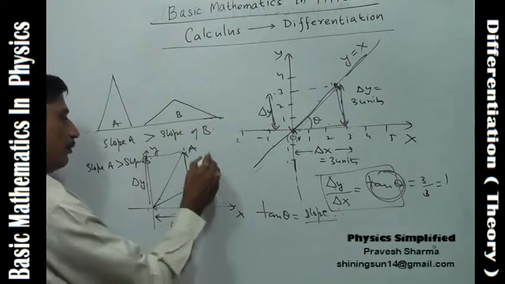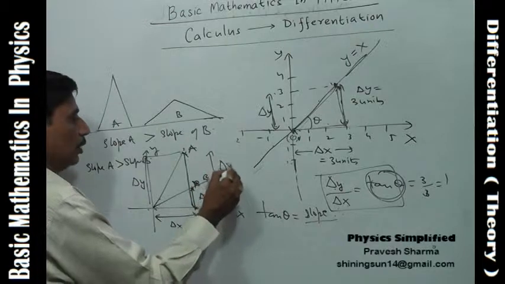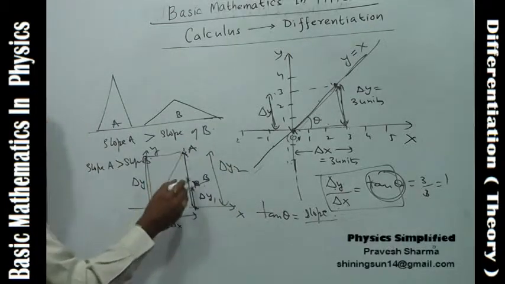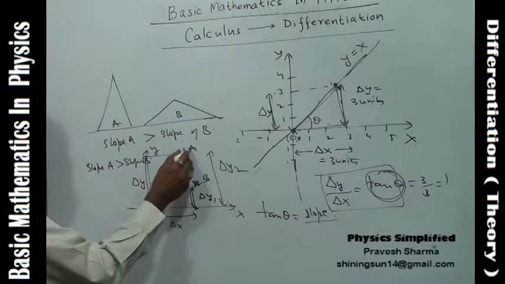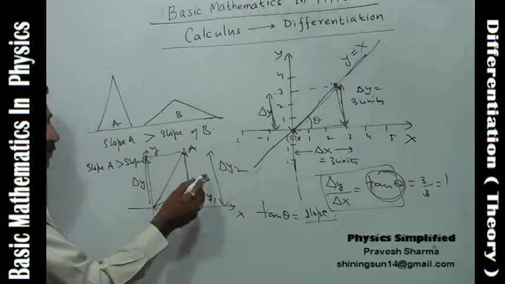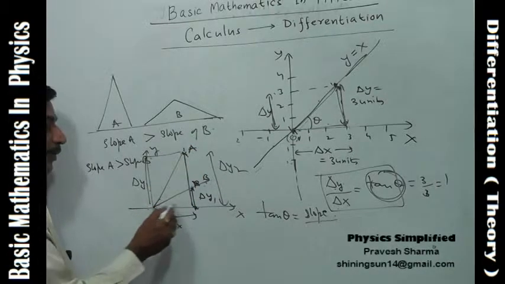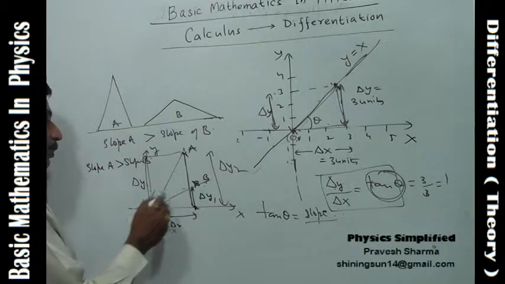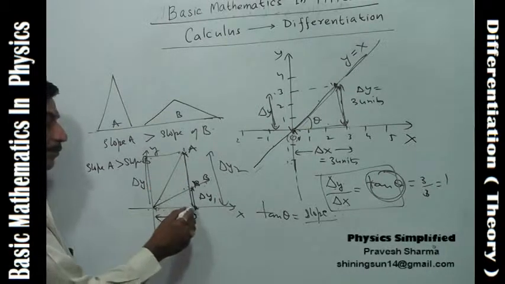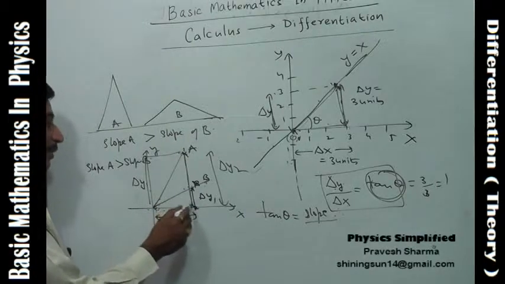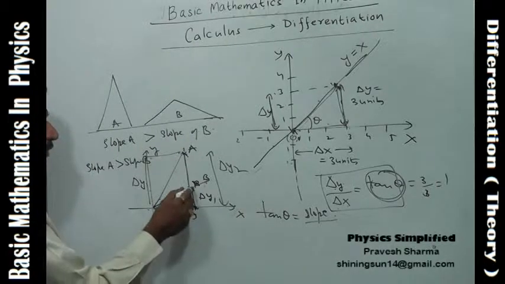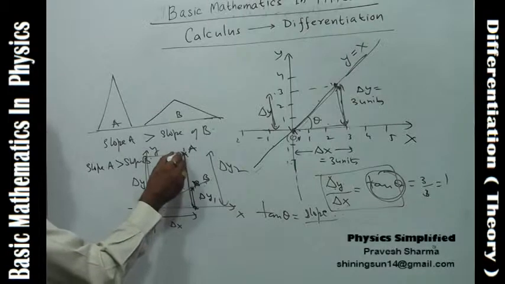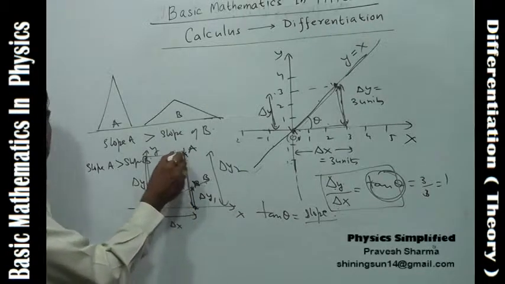So delta y1 for this, delta y2 is much bigger in case of function A as compared to B, whereas delta x, the change of value of x, has been the same in both the functions. In this function also, we have taken the same change of delta x, whereas delta y is different. Delta y1 for this is this, and delta y2 for this is this much bigger.